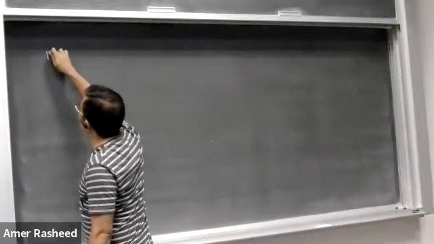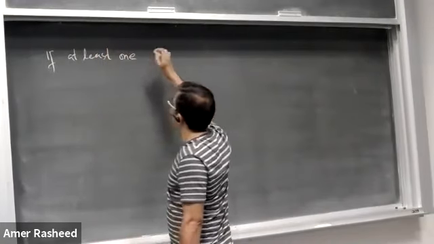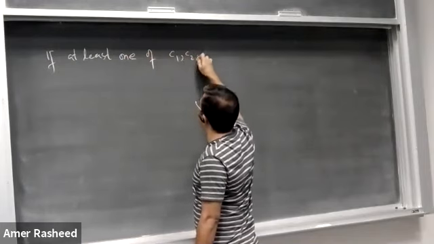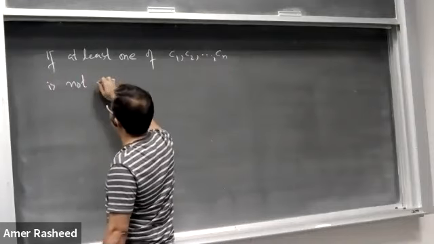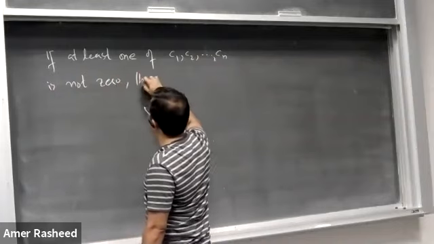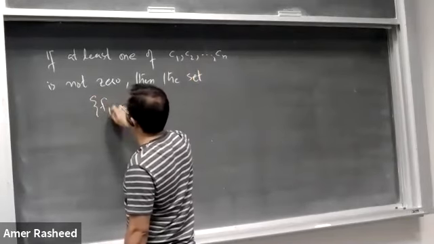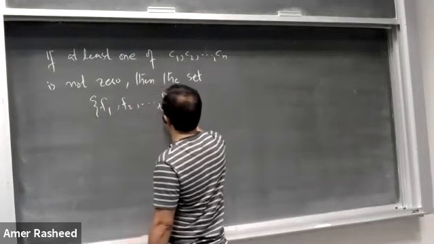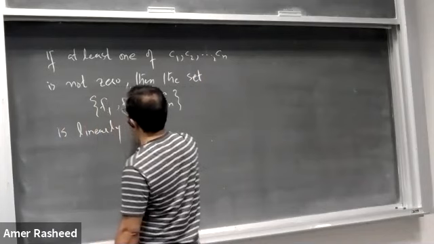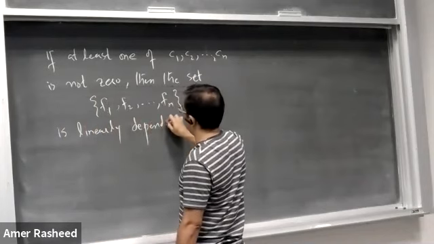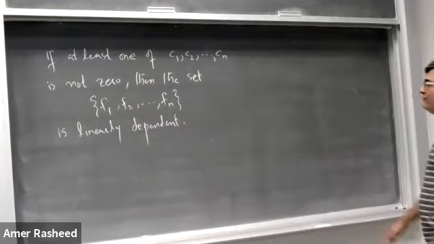If at least one of C1, C2, so on, Cn is not 0, then the set F1, F2, so on, Fn is linearly dependent, for any value of x.